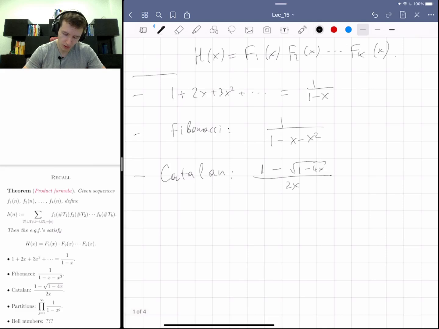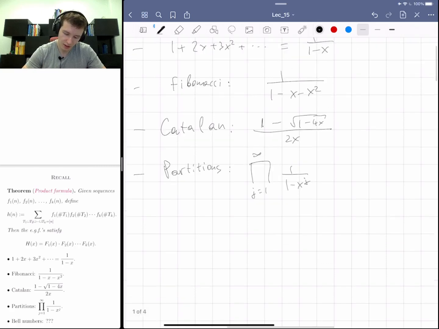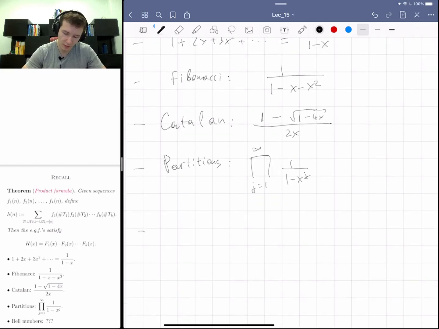You also have partitions, which was the infinite product of 1 over 1 minus x to the j. And finally, I also promised Bell numbers, but so far I haven't given any explanations.